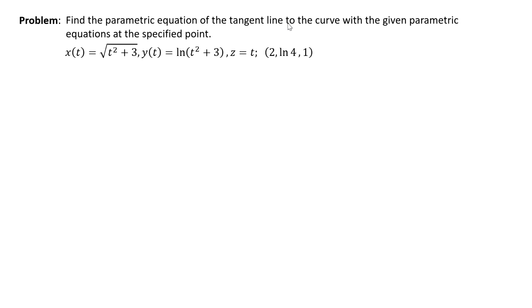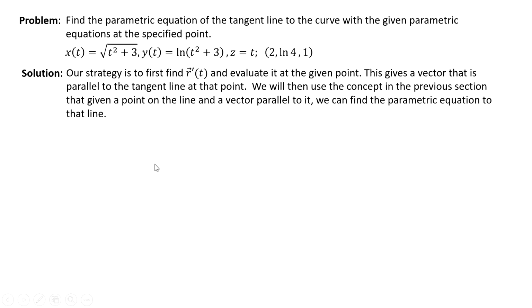Tangent line. Try to recall what we need to know to express a line in its parametric form. What's the parametric equation of a line? You remember that from the previous one? Okay, I'll remind you. And there's something else that's interesting.